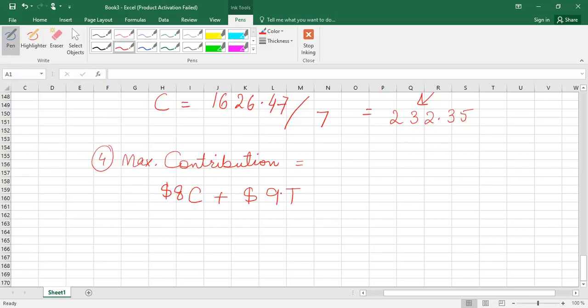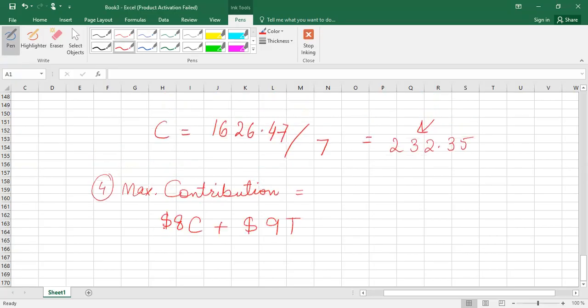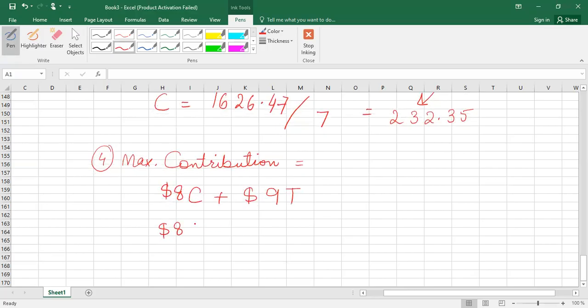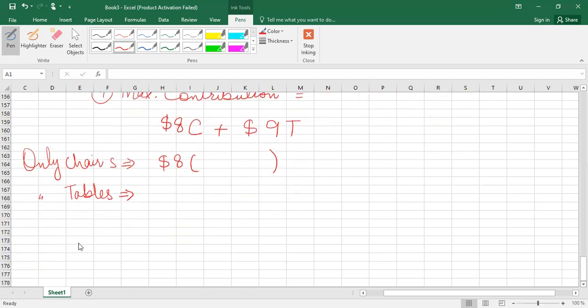In the first instance, we were only producing chairs. In our second workings, we are producing only tables. The third one is the simultaneous equation.